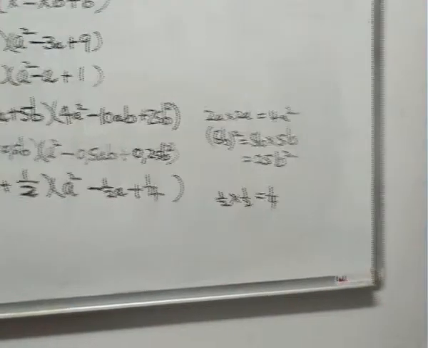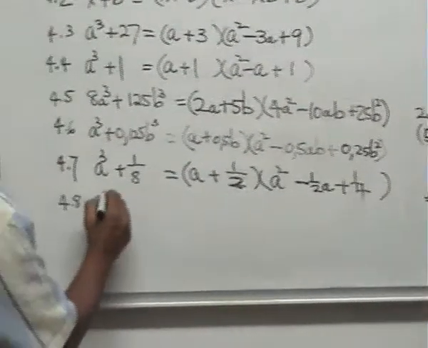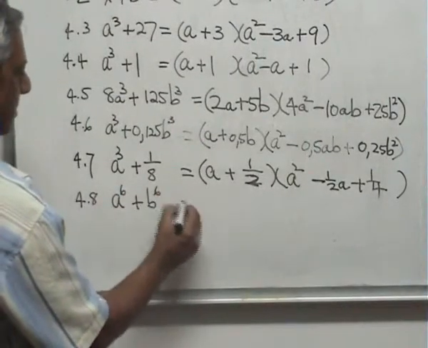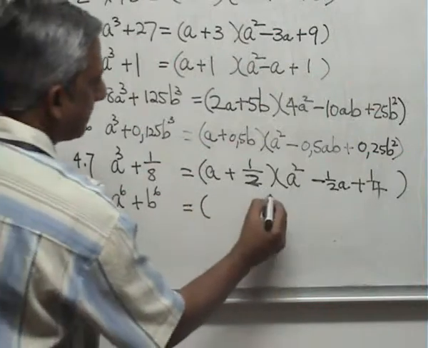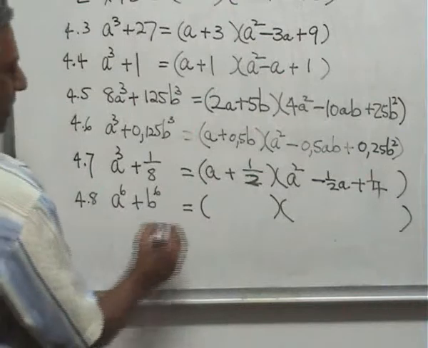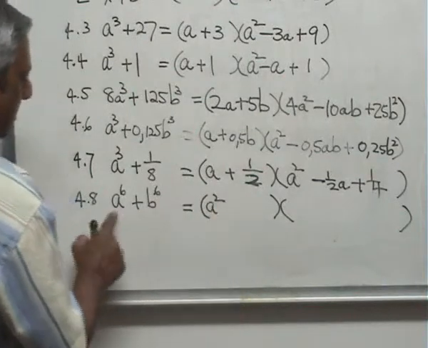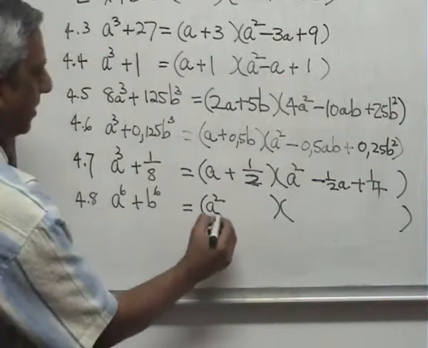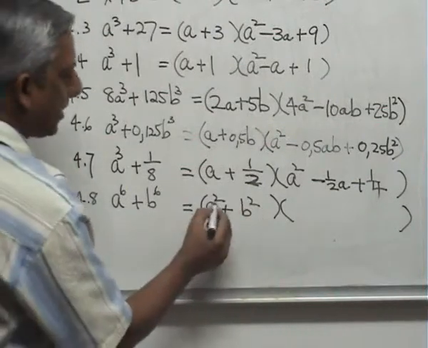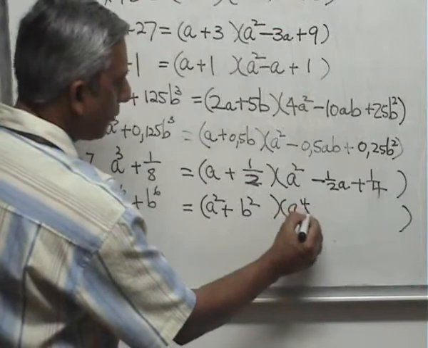4.8. a to the 6 plus b to the 6. Right. That will give you a squared. Cube root of a to the 6, a squared plus b squared. Square that, you get a to the 4.